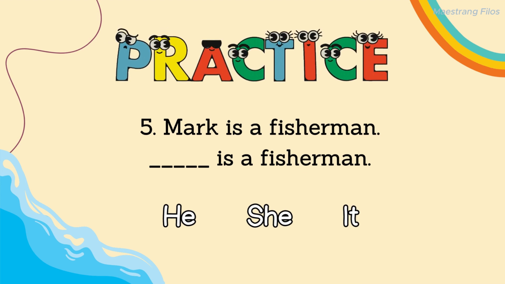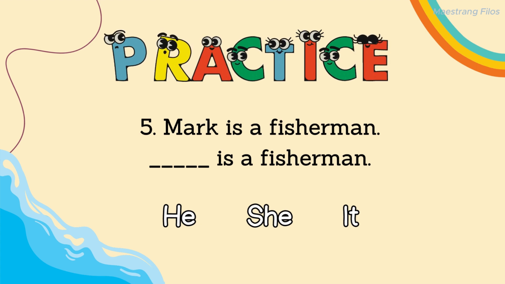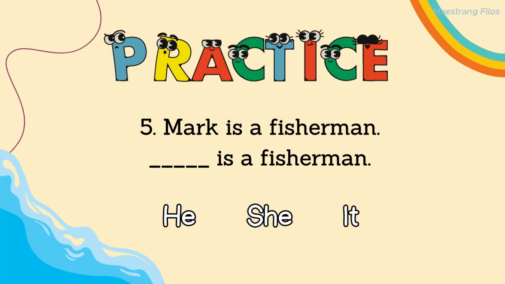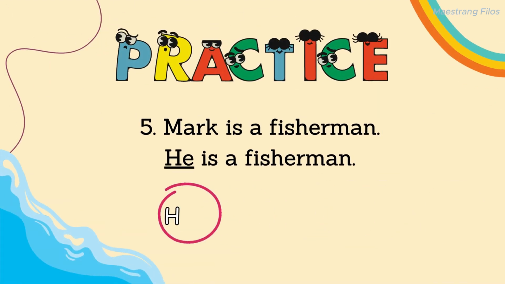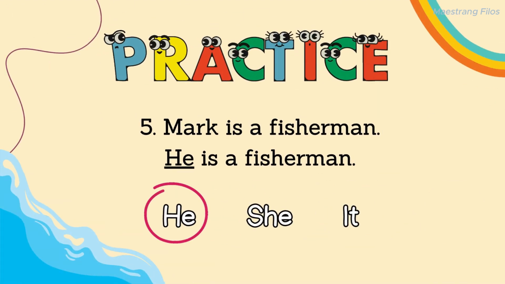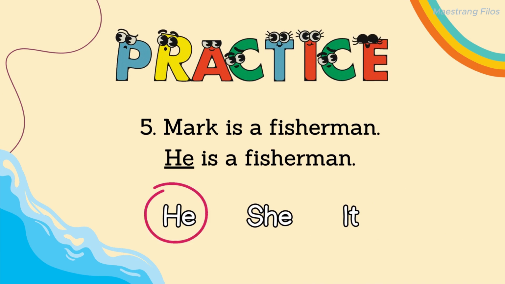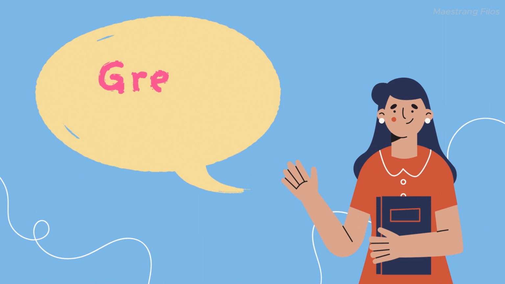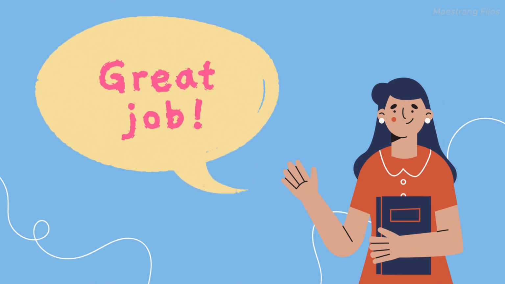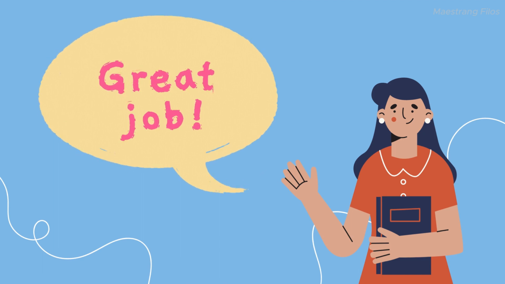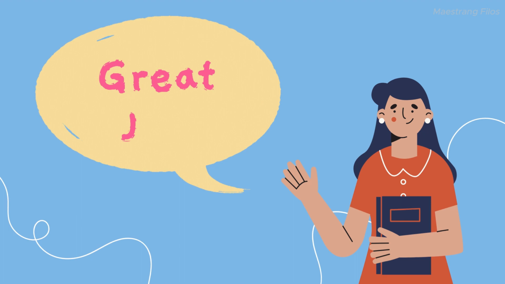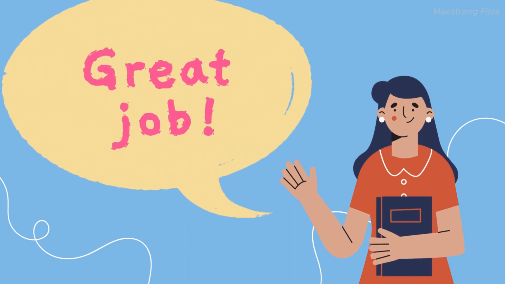Which is the correct pronoun? He, she, or it? Correct! The answer is he. He is a fisherman. Great job, learners! Did you answer all 5 questions correctly? If yes, you can move to the next stage. If not, you can go back to the discussion and keep practicing, okay?